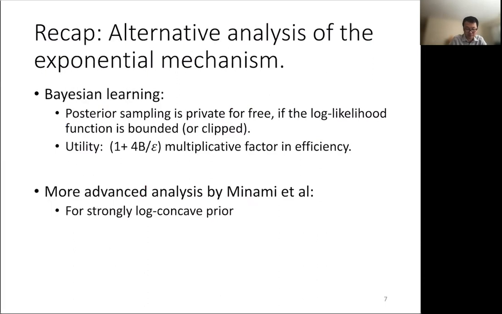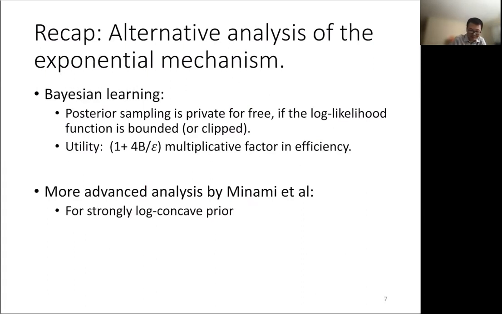Even if we consider a continuous learning problem. So basically, whenever the posterior sampling works, the exponential mechanism for differential privacy also works, and it gives you consistent and almost sample efficient learning.